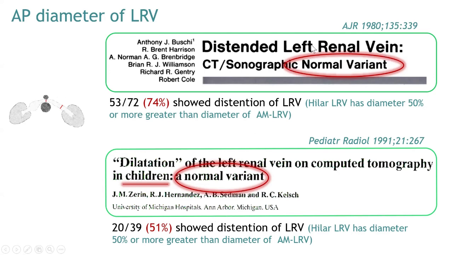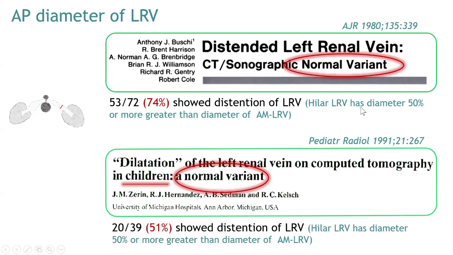These two papers said that when the hilar left renal vein has a diameter 50% or more greater than the diameter of the aortomesenteric left renal vein, in the first paper, 74% of the patient population showed this finding, and in the second paper, 50% showed that finding.